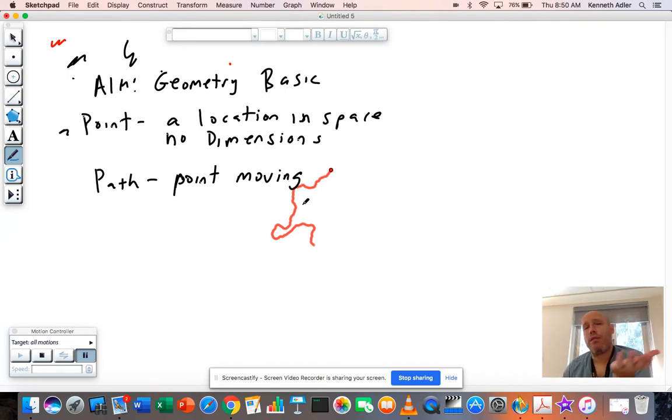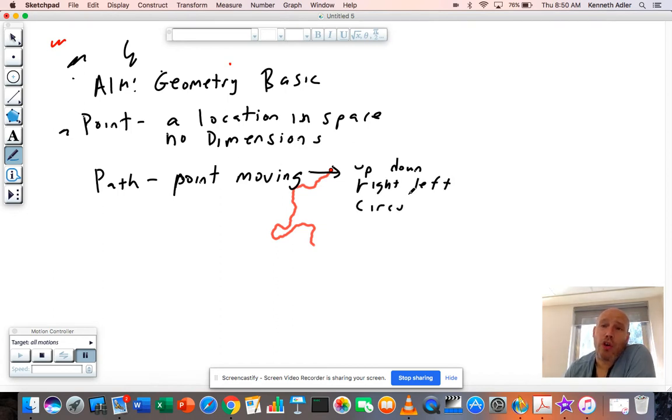So the question is, where can the path go? It can go up and down, to the right or the left, and also in a circular motion, right? And so those are the paths.